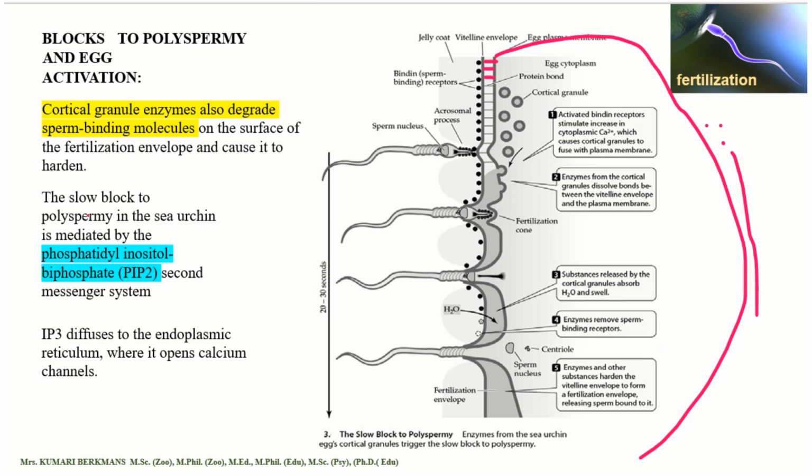And you can see there is a slow block to polyspermy in sea urchin that is mediated by phosphatidylinositol bisphosphate. Also there is IP3, which diffuses to the endoplasmic reticulum, where it opens the calcium channel at the time of fertilization.